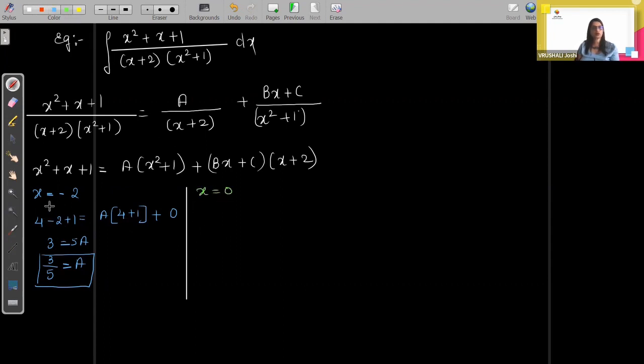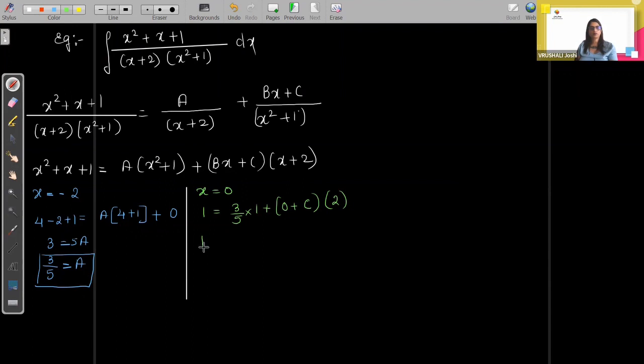If you take x equal to 0, then this will be 0 plus 0, this will be 1 and 1 is equal to, x equal to 0 मतलब A की वैल्यू अभी हमारे पास है. We will substitute that value of A, 1 आ जाएगा ये, plus this will be B will be 0 now क्योंकि B के साथ 0 लग जाएगा, correct? This will be 0 plus C into bracket 0 plus 2 will be 2. Correct? So we'll get the value of C like this.